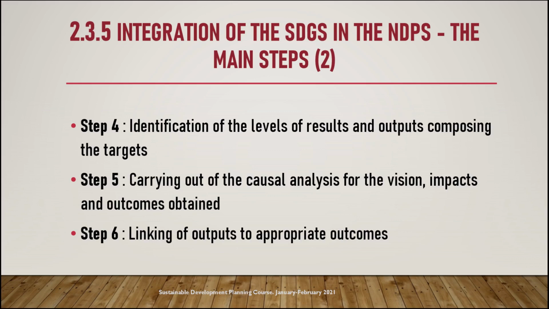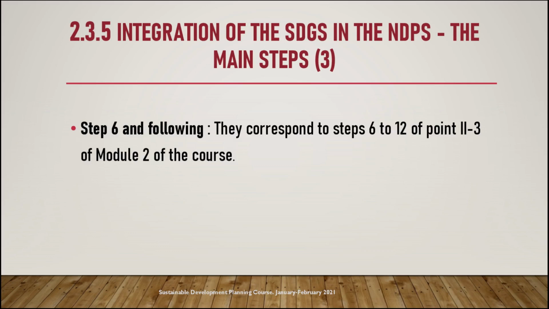And then the outputs that come from the table need to be linked to the appropriate outcome that may derive from the causal analysis we will perform. And finally, for this process, from step 6 and so on, the guidance is given in module 2.23, steps 6 to 12.